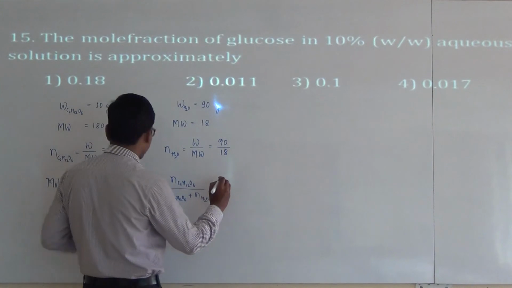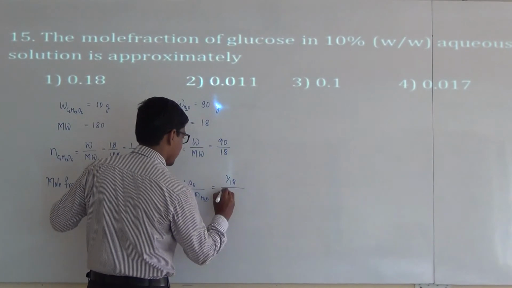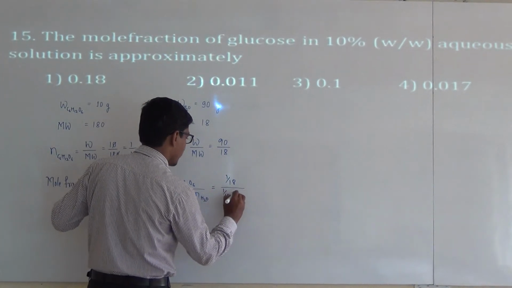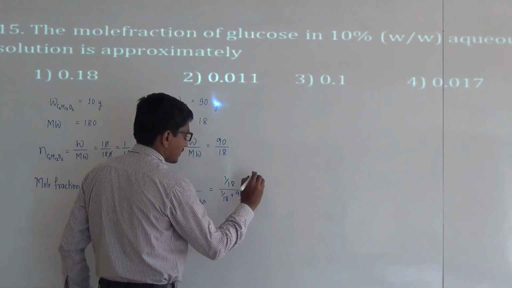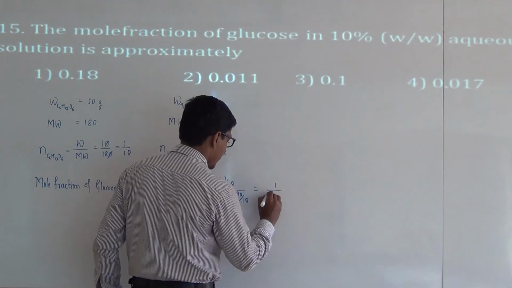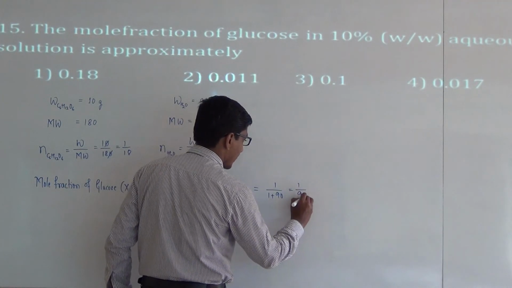This is equal to number of moles of glucose 1 by 18 divided by 1 by 18 plus 90 by 18. LCM is 18. 1 divided by 1 plus 90, this is equal to 1 by 91.